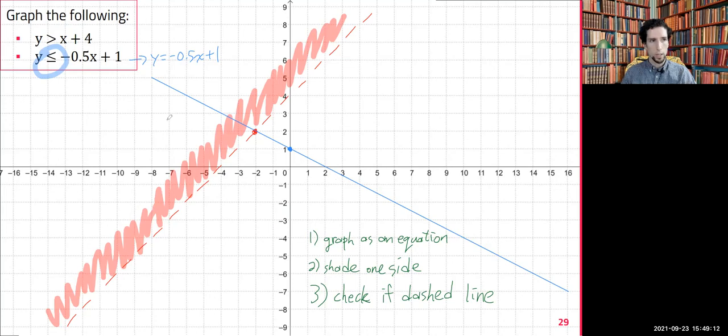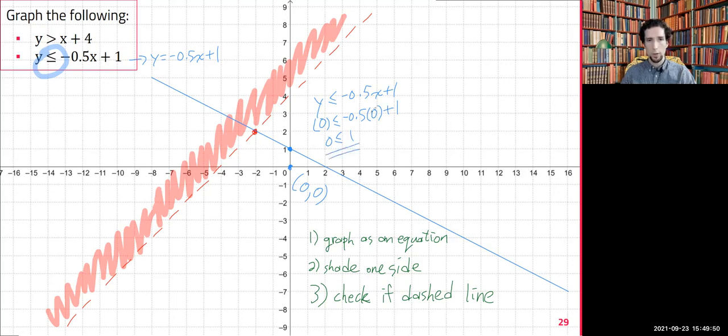The other way we can think of this is, once again, testing a point. If we take the origin 0, 0 and put that into our inequality, y is less than or equal to negative 0.5x plus 1, so 0 less than or equal to negative 0.5 times 0 plus 1, so 0 less than or equal to 1.